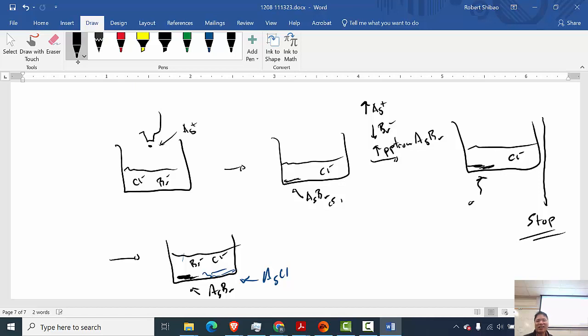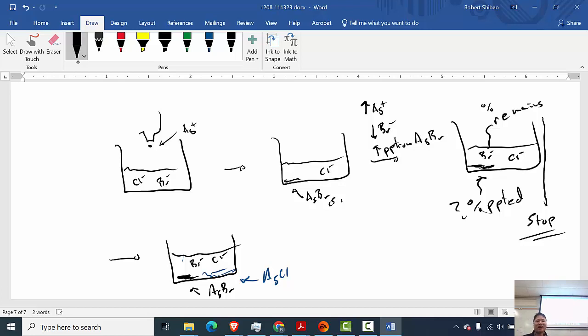Once I stop here, how much precipitated, and how much bromide remains at the stopping point? That's what we need to know. Because if we could precipitate out 99.9% of the bromide at the stopping point, then it's good enough. It's pretty much separated. If we can't precipitate at least 99.9%, then we say it's an incomplete separation. So 99.8 would be incomplete, but it's close enough, probably.